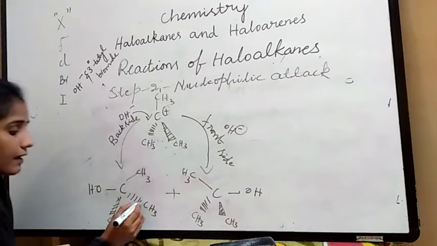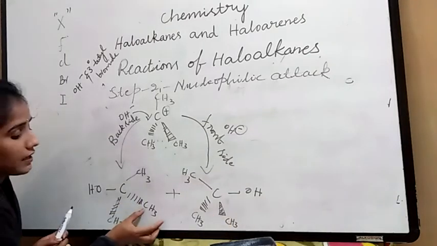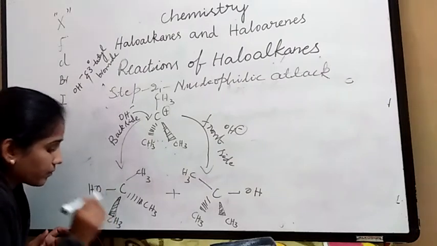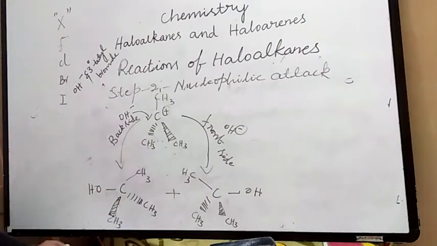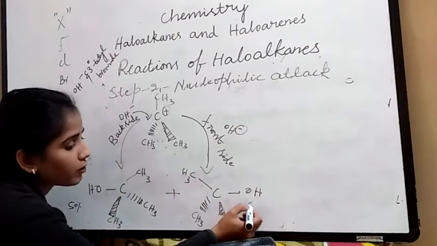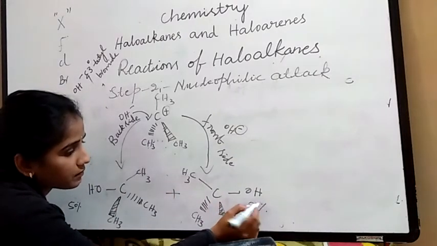If I write in a dash line, this methyl group is away from this carbon and this is very near to this carbon like this. Okay. You should practice. This product is 50% and this product is also 50%.